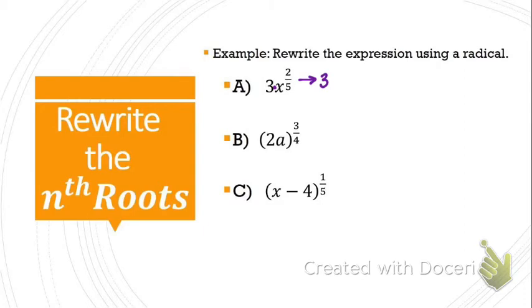So I'm going to have 3 times, what is my index here? 5, so 5th root of what? X squared. Yes. So you wouldn't need parentheses around the x? Like around this?